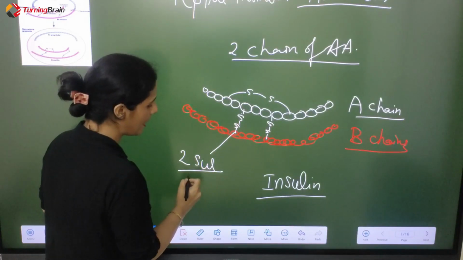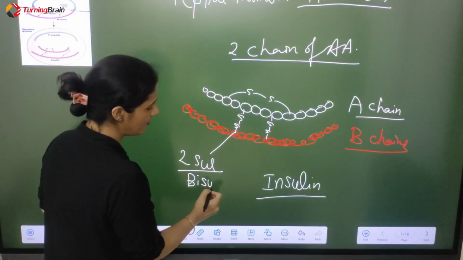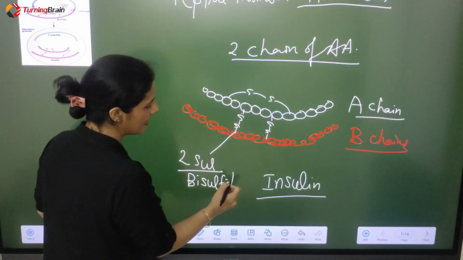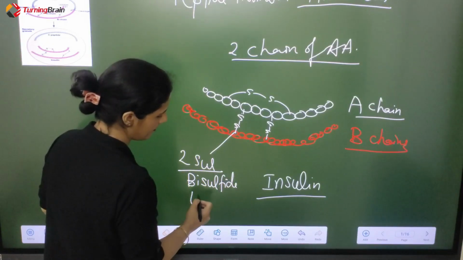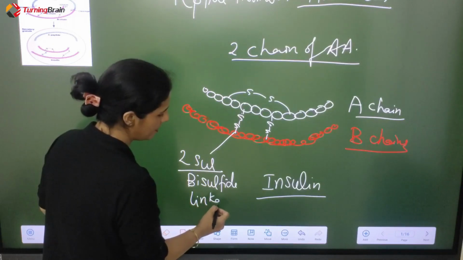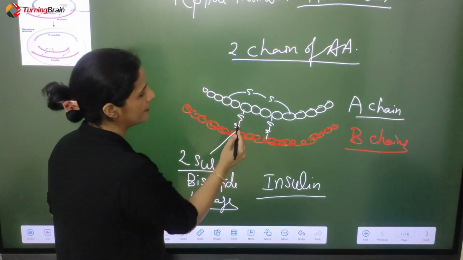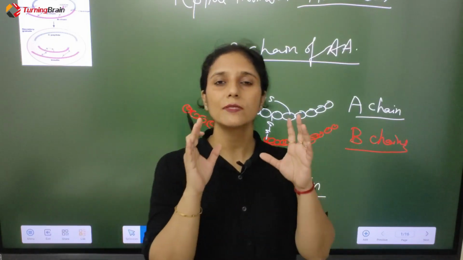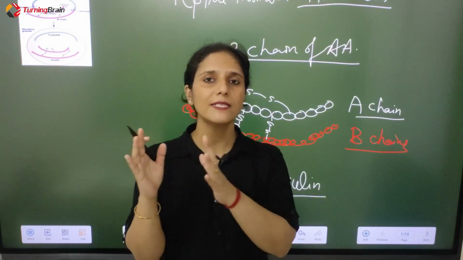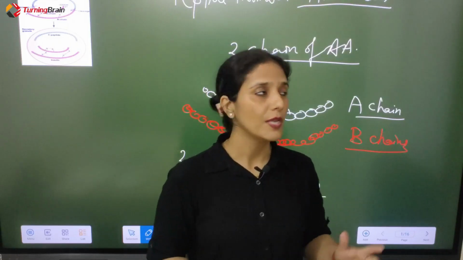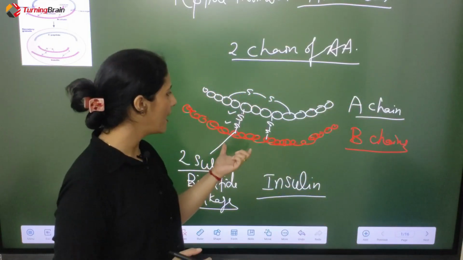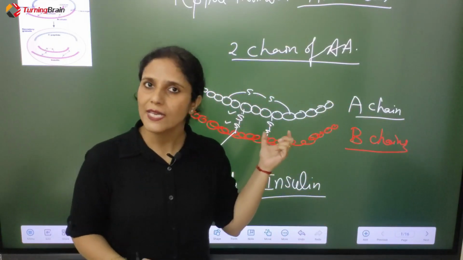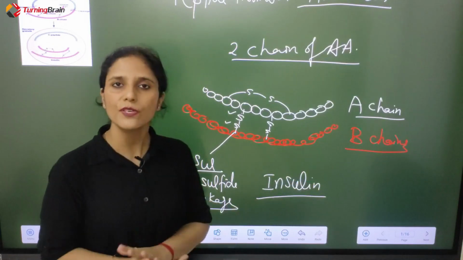So this is disulfide linkage or disulfide bond. There is one sulfur, two sulfur. So that's why it is known as di. Di means two. Disulfide bond. A chain and B chain attached with the help of disulfide bond make the structure of insulin.